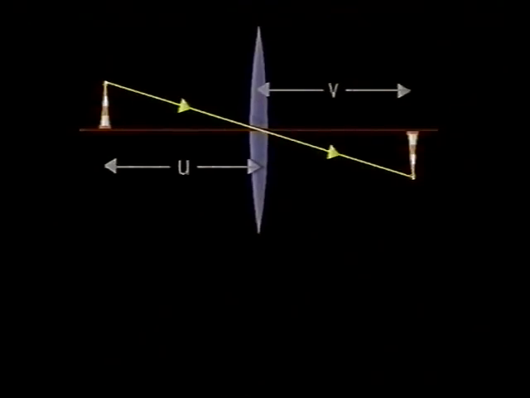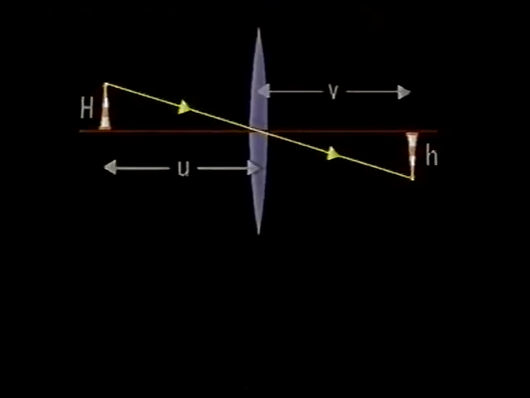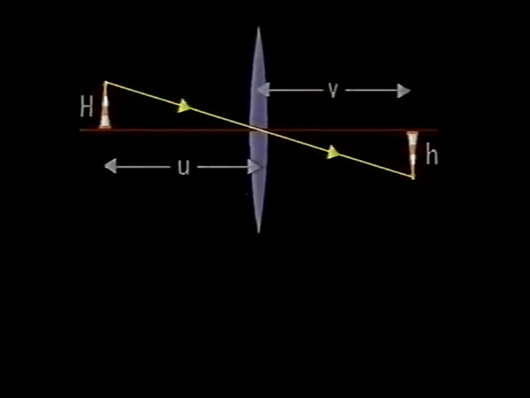Now we can use the ray diagram to work out whether or not the image is magnified. U is the distance of the object from the lens, and V is the distance of the image from the lens. If big H is the height of the object, and little h is the height of the image, then the linear magnification is the height of the image divided by the height of the object.